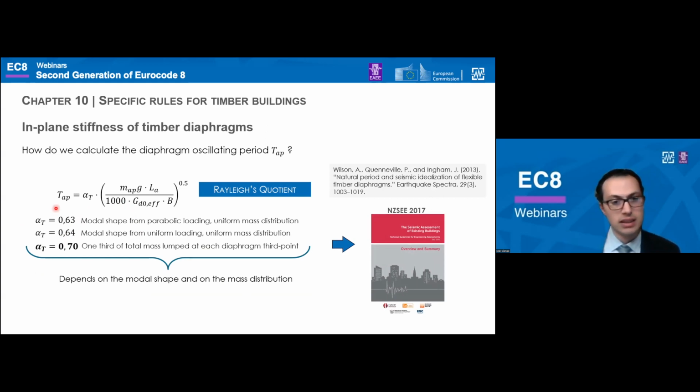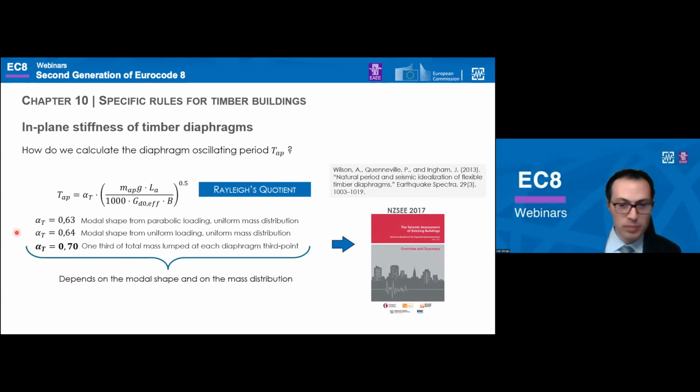And given the small differences, and also for the sake of simplicity, in chapter 10, a coefficient of 0.7 has been adopted, similar to the choice made by the NZSEE standard.